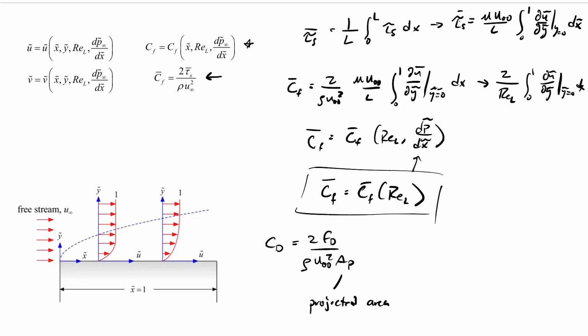If it's a cylinder with flow going around it, the projected area would be the diameter times the length. So that's our drag, and you can see the drag coefficient is just a function of the Reynolds number.